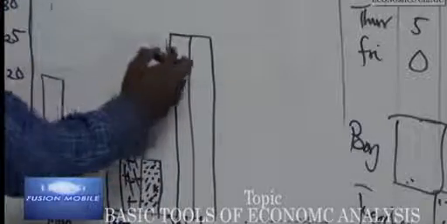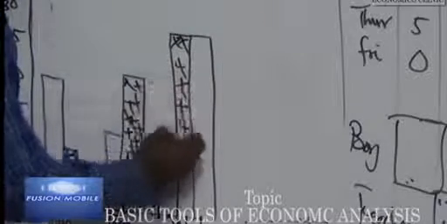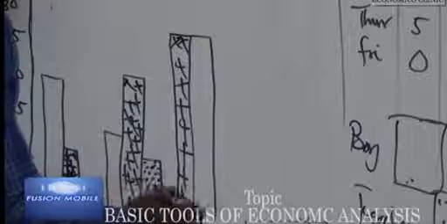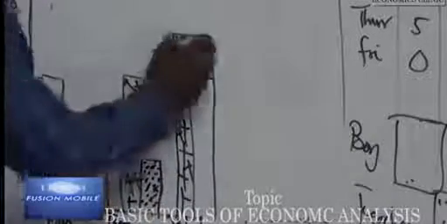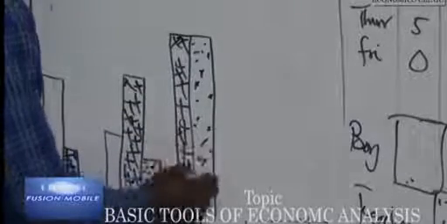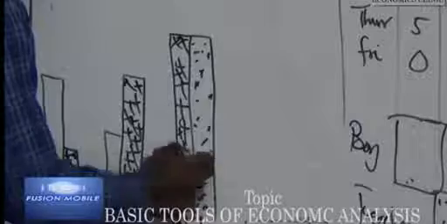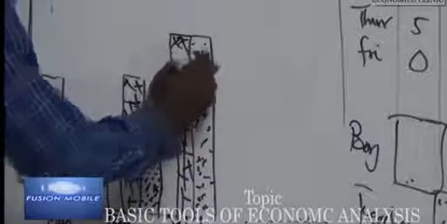You can have these symbolically represented: stars for the girls, and dotted for the teachers. This dotted bar represents the teacher's bar.